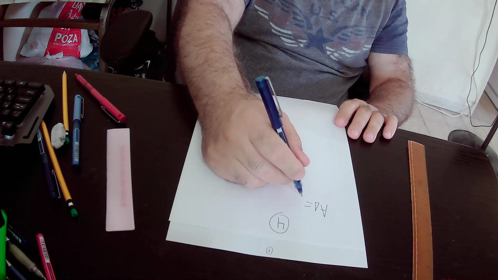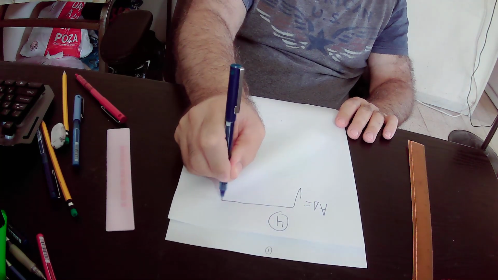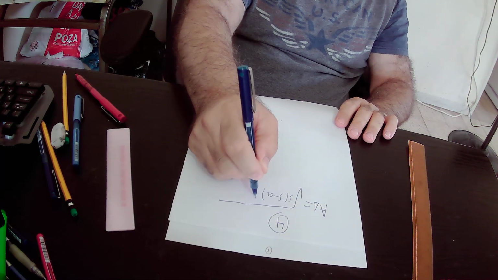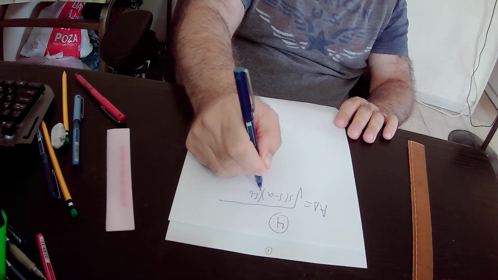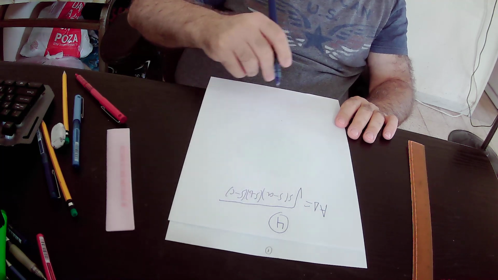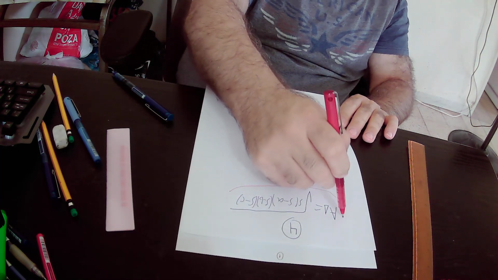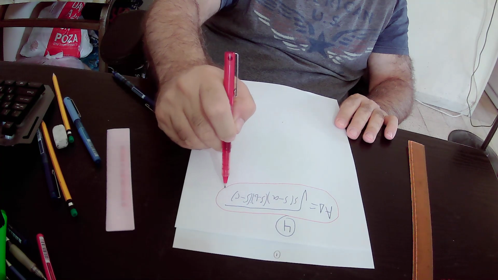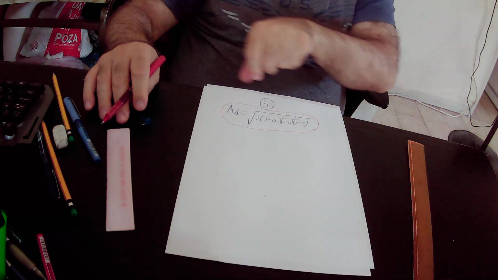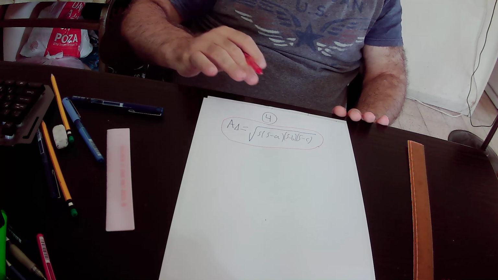The area of any triangle equals the root of S times S minus A times S minus B times S minus C, where S is the semi-perimeter of the triangle, and A, B, and C are the sizes of the triangle's sides.